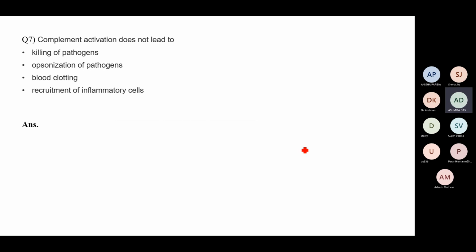Can anyone tell me the correct answer? Blood clotting. Okay.